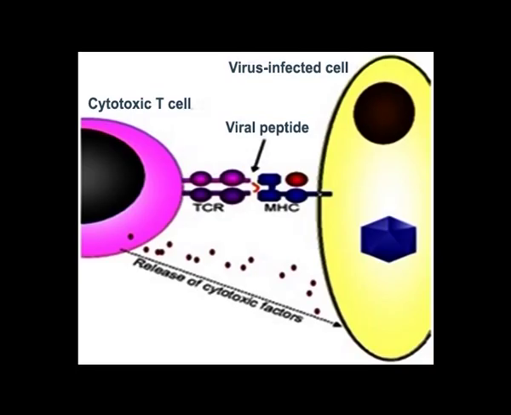If the T cell receptor detects a peptide from a virus, it warns the T cell of an infection. The T cell releases cytotoxic factors to kill the infected cell and therefore prevent survival of the invading virus. This particular mechanism is represented in figure 1.